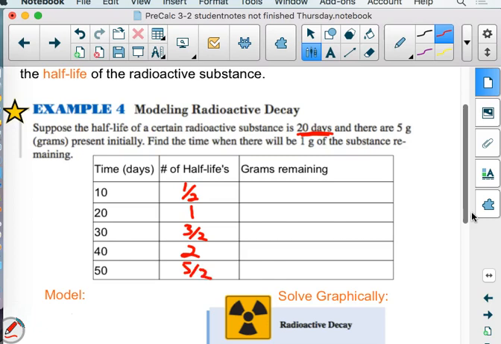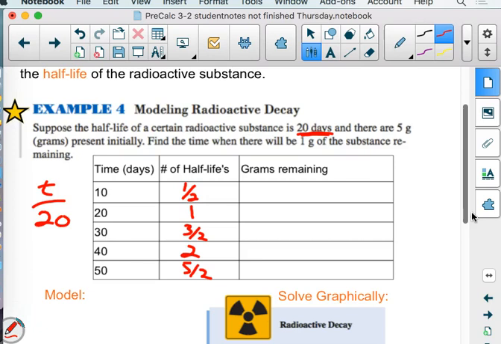So you start to notice what we're having to do with that 20. We're having to take anything that we have for time and divide it by that 20. So that's a really important part of trying to figure out what we're going to have to use for our exponents when we finally write our exponential model.